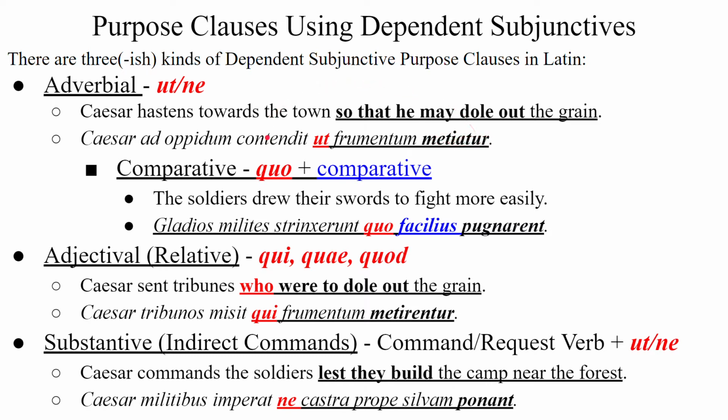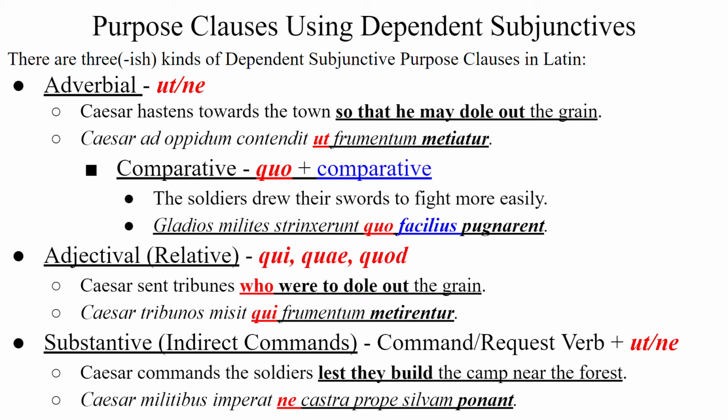If this verb were past tense, imperfect, perfect, or pluperfect, then that makes the subjunctive verb in the dependent clause imperfect subjunctive. And we'll see a few examples like that at the bottom. Make sure you understand that and you keep that in mind.